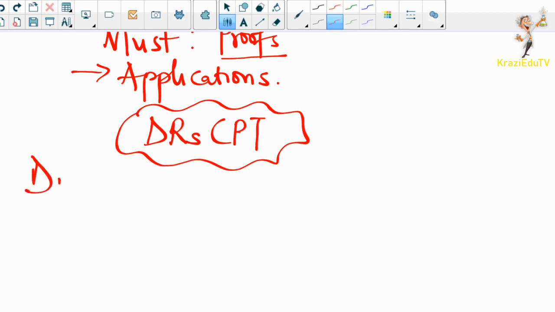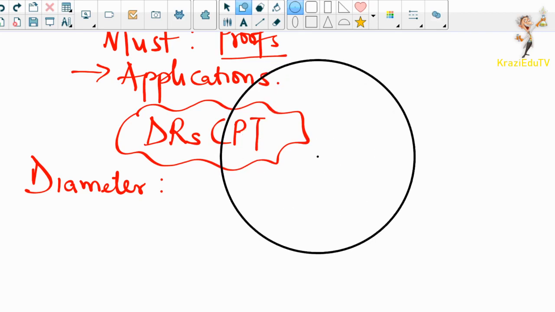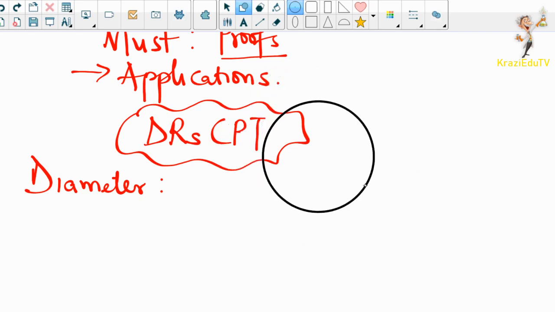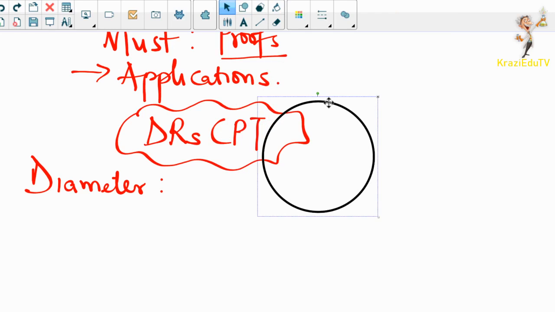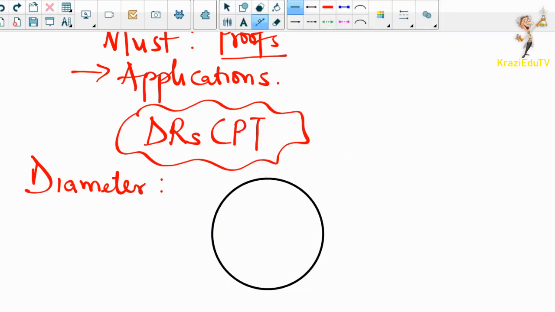When we say the doctors in Cape Town, number one, I'm looking at a diameter. If I talk about a diameter, then I should be looking at angle at the center. So if I have a diameter, I can then draw.